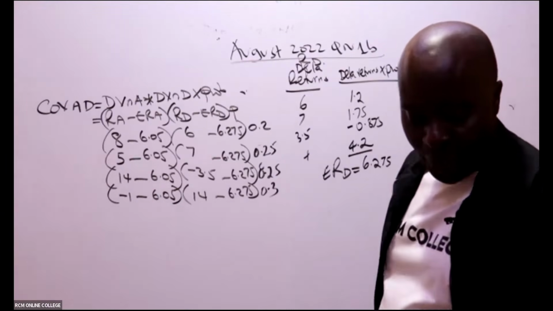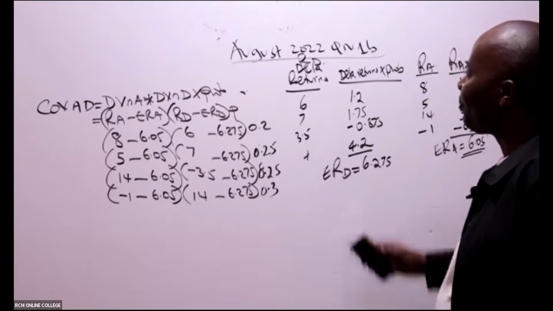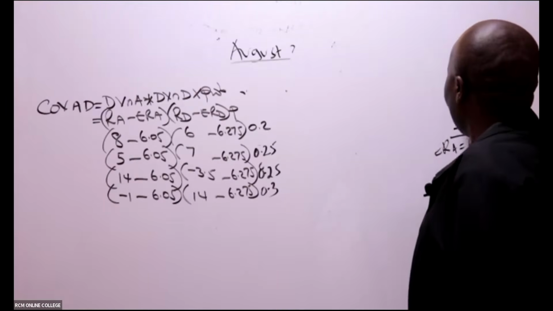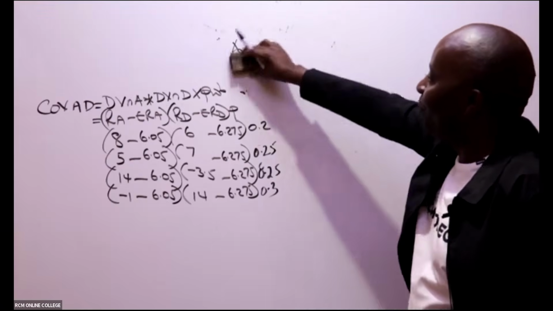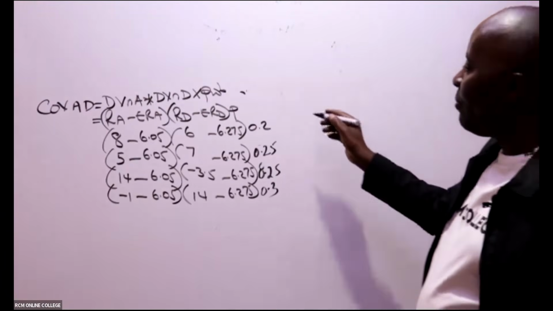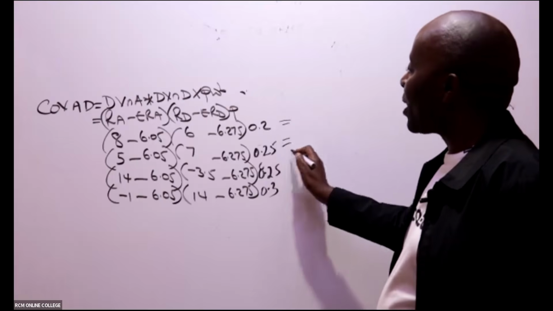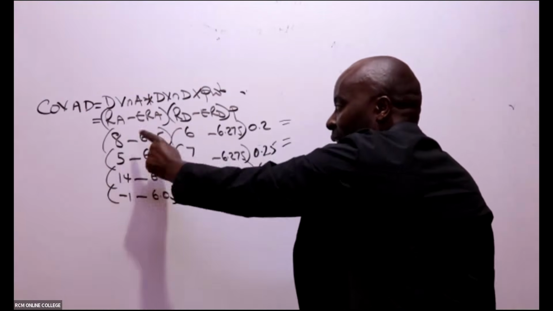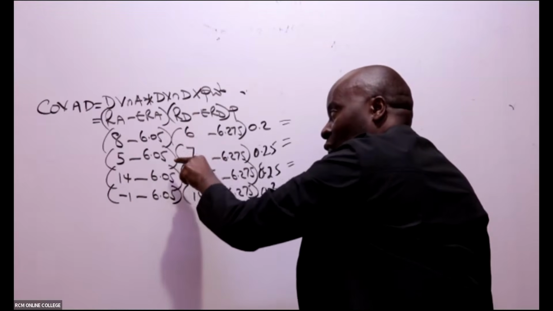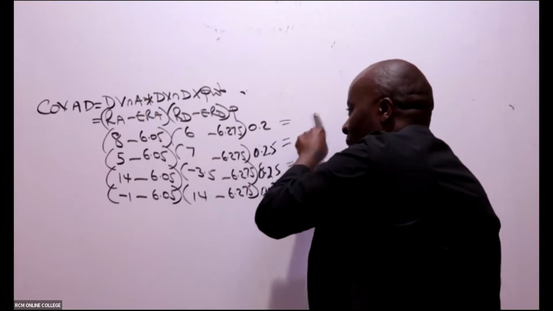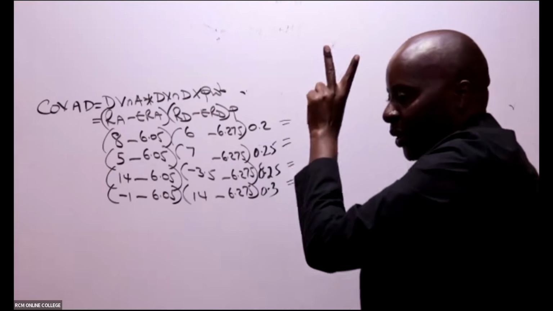So is there somebody who can now give me these figures? In this case, you don't do them slowly, one at a time. You say open brackets, 8 minus 6.05, close, times open another bracket, 6 minus this, close, times 0.2. Give me an answer here, to 2 decimal places.